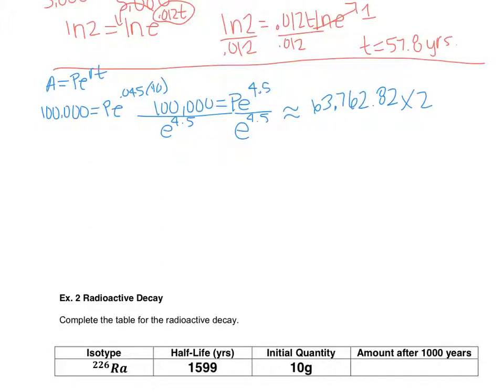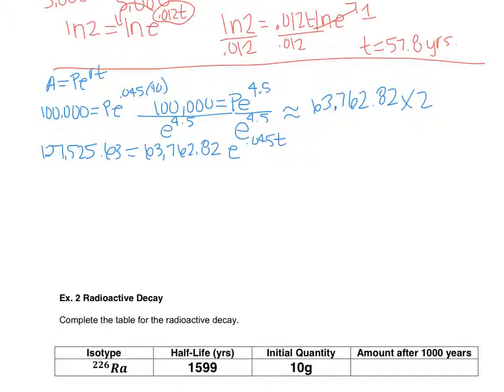And that's going to be 127,525.63 equals $63,762.82 e to the, we know the rate is 0.045, and what we don't know is how long it's taking to double, so we're looking for t.